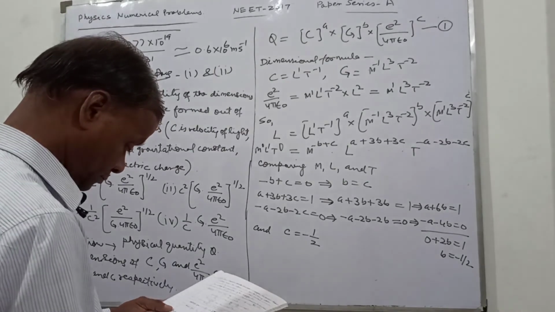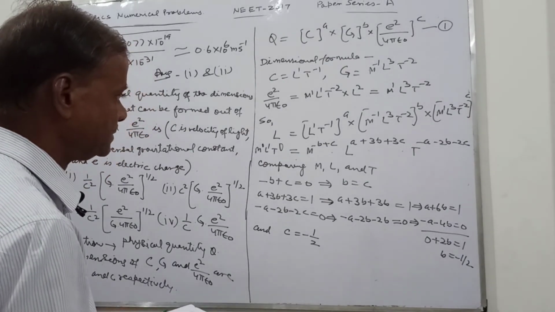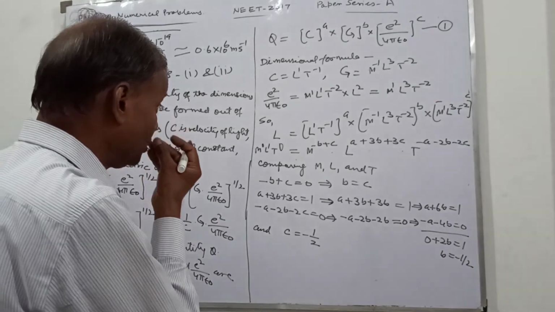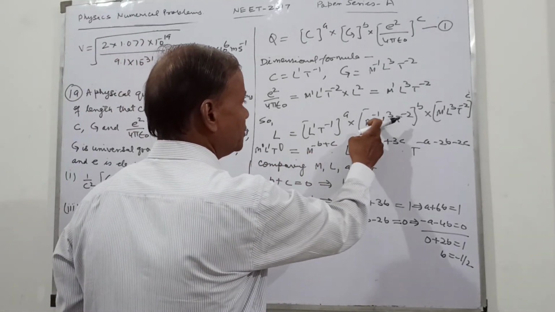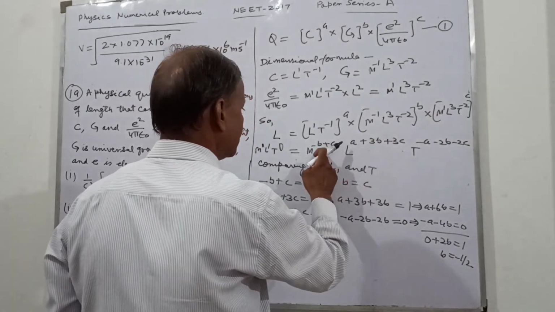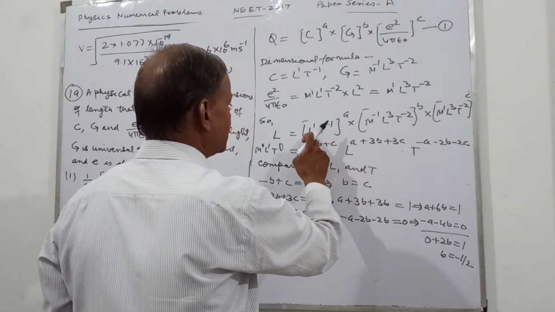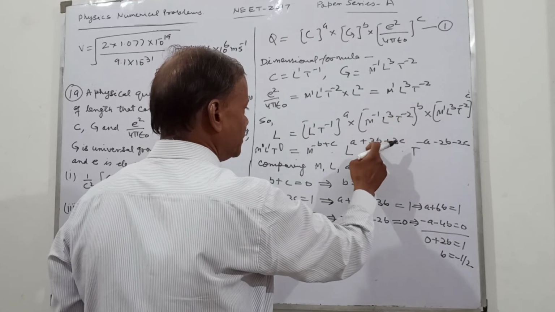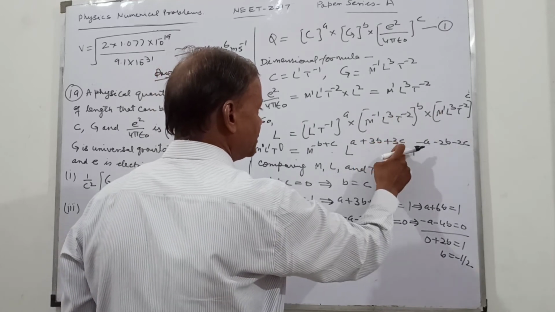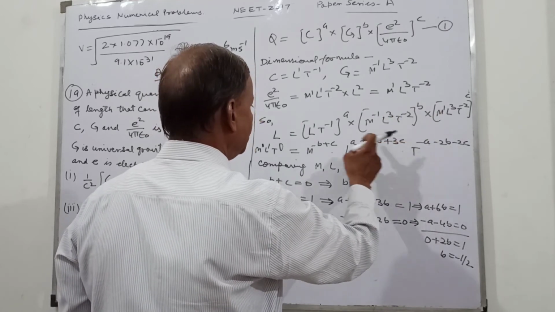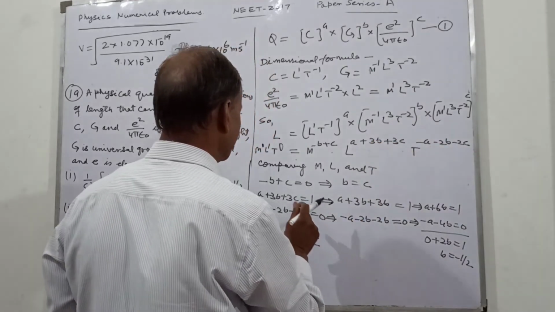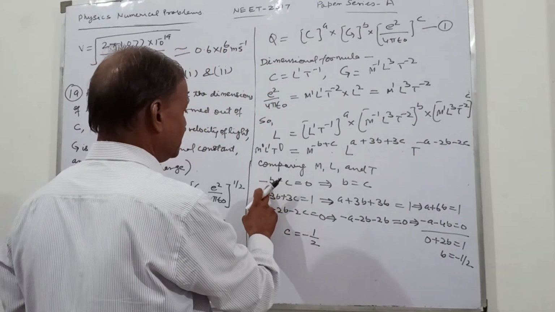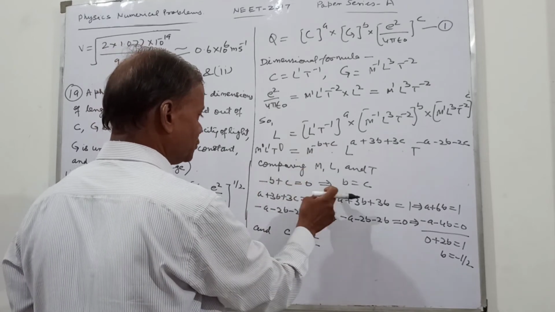Now what is wrong here? And this is now minus b plus c. This is now your a, this is now your minus 2b, this is now your plus 3c, and this is now minus a, minus 2b, and minus 2c. So minus b plus c equal to 0, so b equal to c.